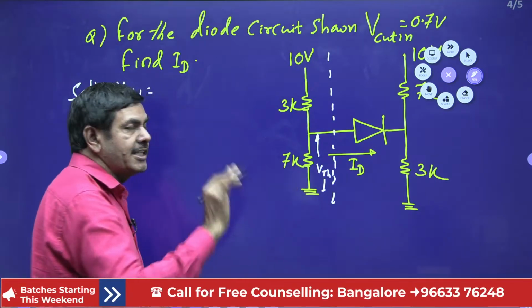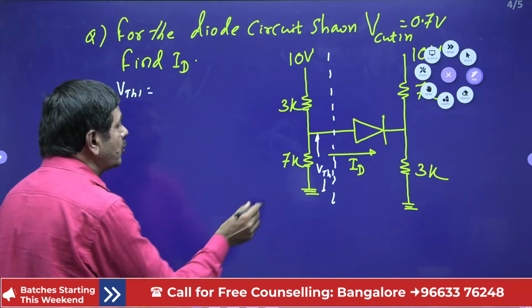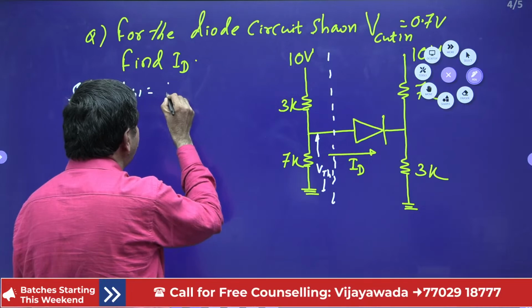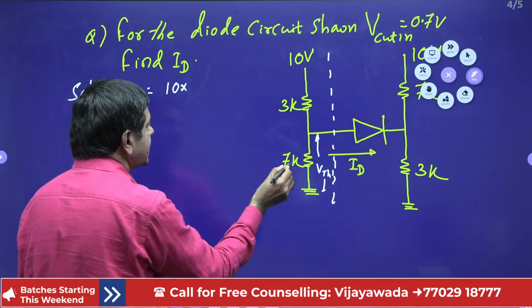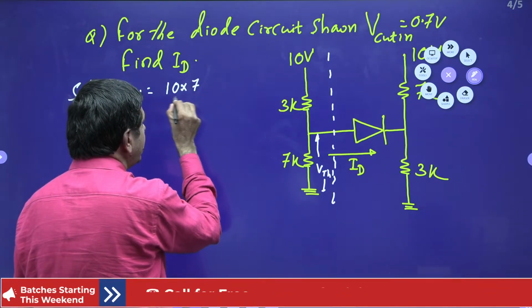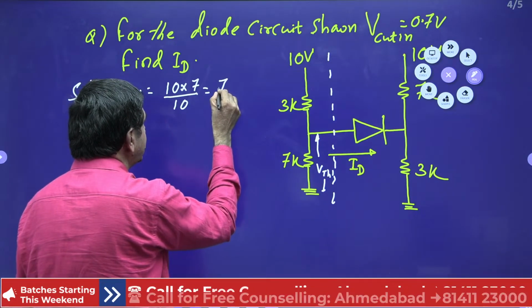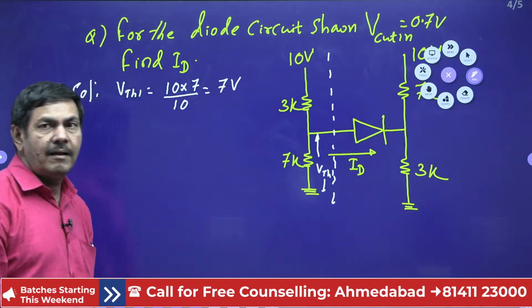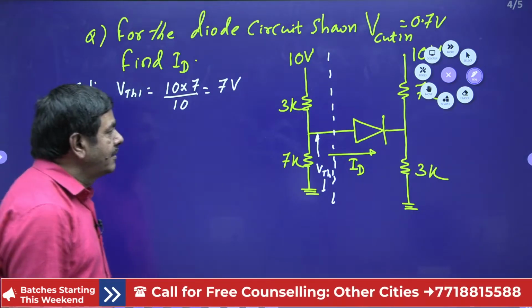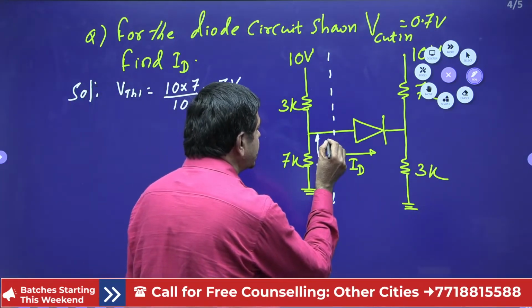According to the voltage divider formula, 10 into 7 by 7 plus 3, that is 10K. The 10s cancel, and we get 7 volts.